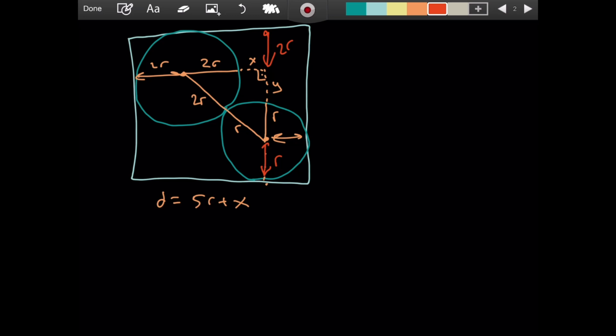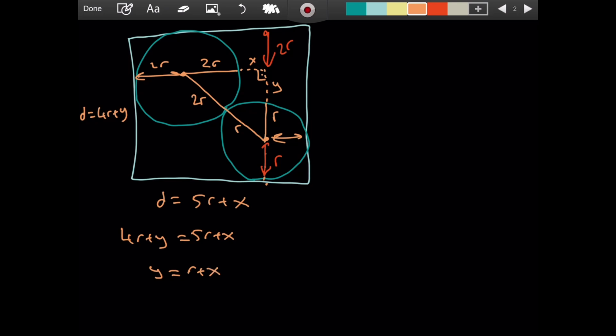So it is in fact 4r plus y, and it is also d. It is a square, the sides are equal in length. So this means that 4r plus y is equal to 5r plus x. So y is equal to r plus x, right?